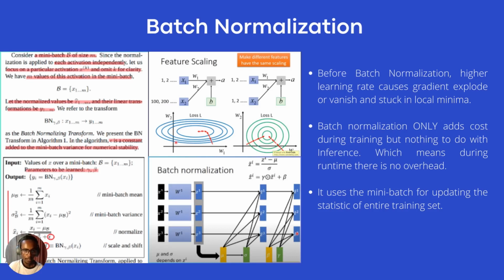And batch normalization only adds cost during training, but nothing to do with inference. We only have to do the training for batch normalization, but during inference, since the mean and standard deviation are already computed during the training, and the gamma and beta values are already determined, we just do the scaling and the translation by using pre-computed values during the inference stage, so there is no overhead.